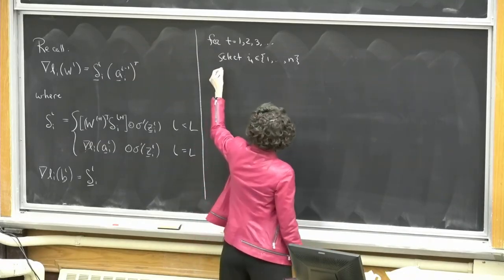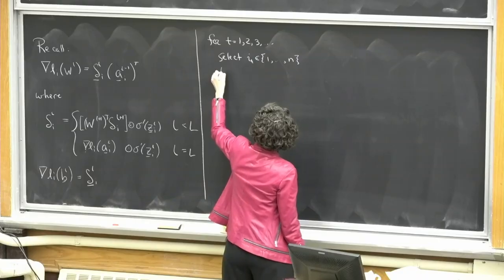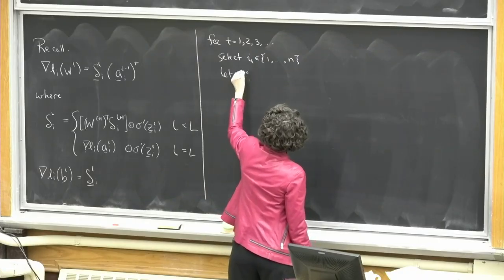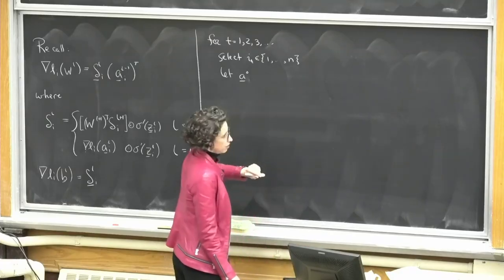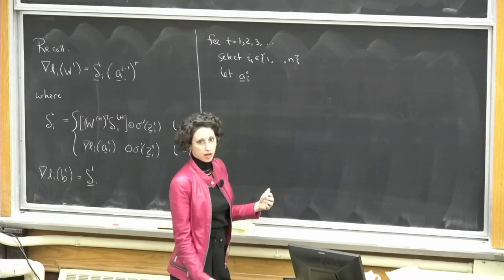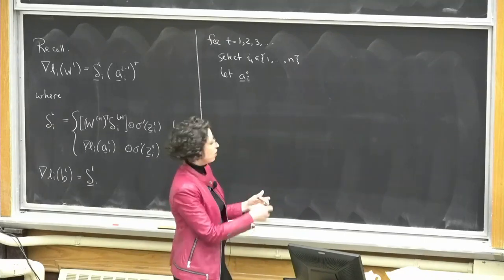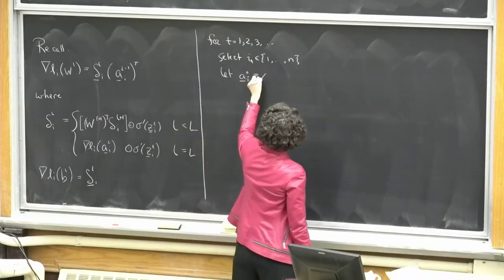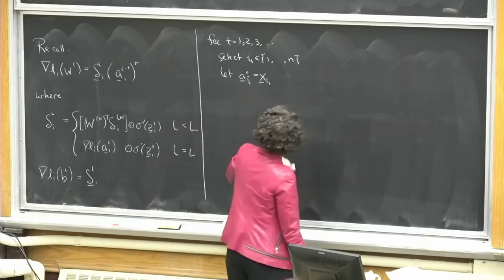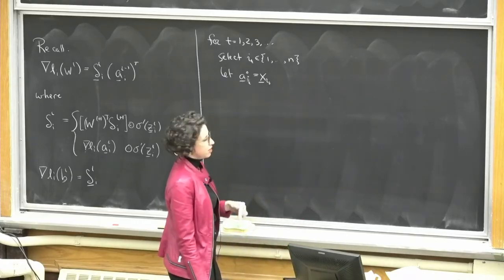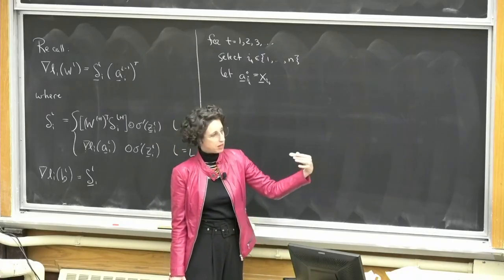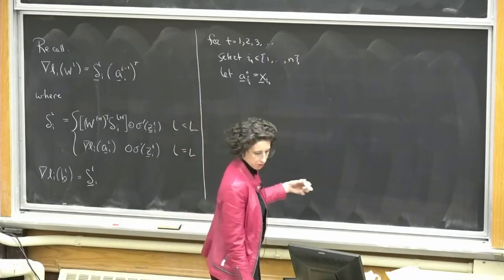Then, like we said before, we are going to let A_0, the A's corresponding to the inputs, simply be our feature vector x_{i_t}. Then we are going to pass the information from the input to the output through the network.